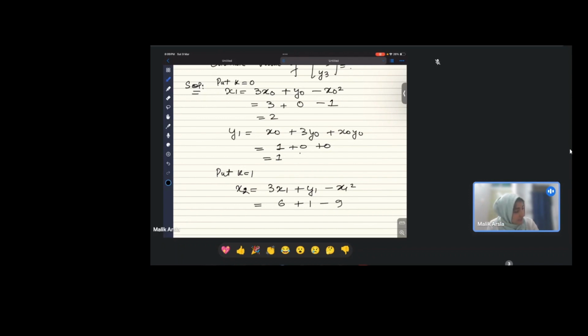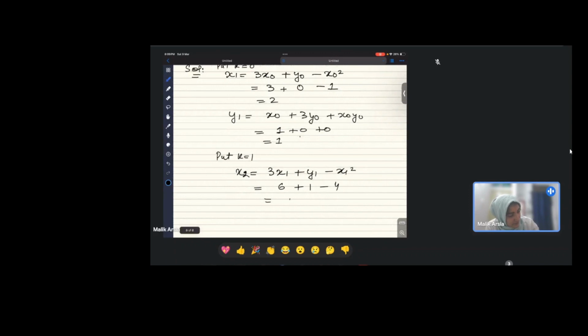No, sorry, x1 is 2, so it will be 6 plus 1 minus 4. So this will be 3. And y2 will be equal to x1, which is 2, plus 3 y1, y1 is 1, so 3, plus x1 y1. That will be what? 7. 7, right?